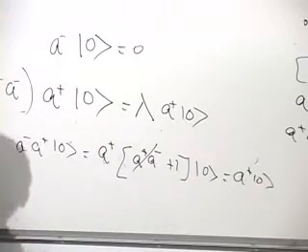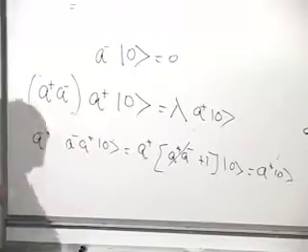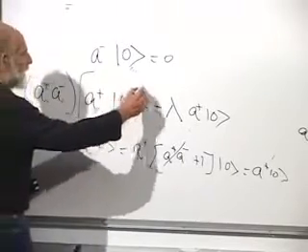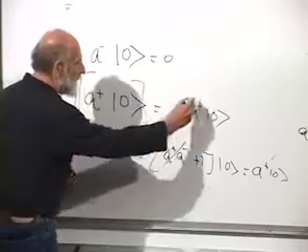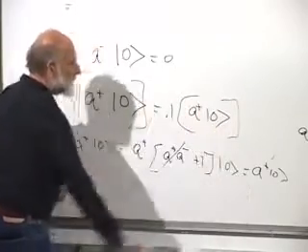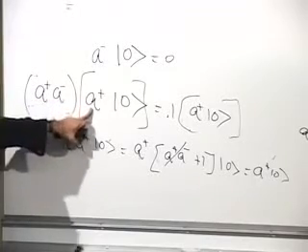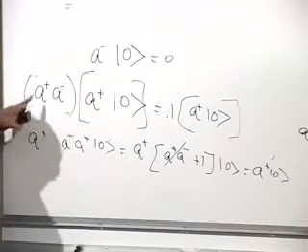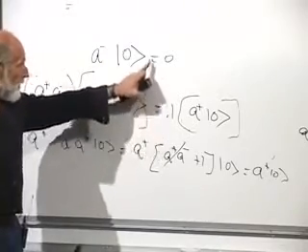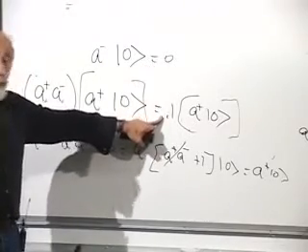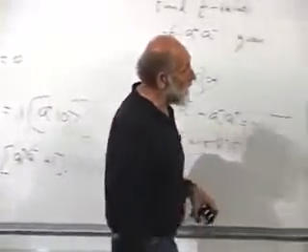This is a fairly long story, but what it said is that A plus A minus multiplying this vector here just gives 1 times the same vector. The conclusion: this new vector is an eigenvector of A plus A minus with eigenvalue not equal to 0, but eigenvalue 1. Let's go back to the Hamiltonian, to the energy.